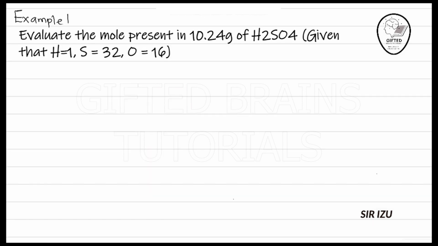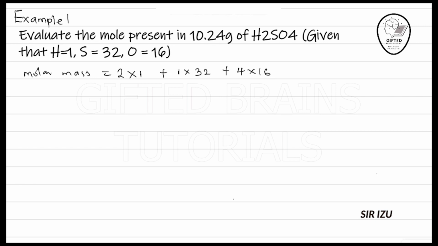The molar mass of H2SO4 is given as, we have two hydrogen here, so it is 2 times the molar mass of hydrogen, which is just 1, plus sulfur, which is 1 here, and the molar mass of sulfur is 32 given to us, and finally plus oxygen, we have 4 oxygen here, and the molar mass of oxygen is 16.